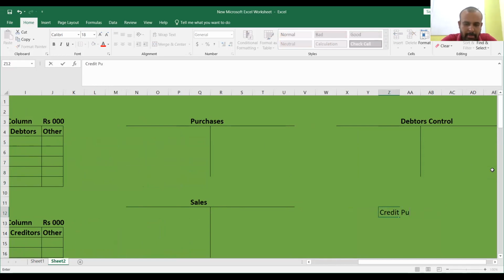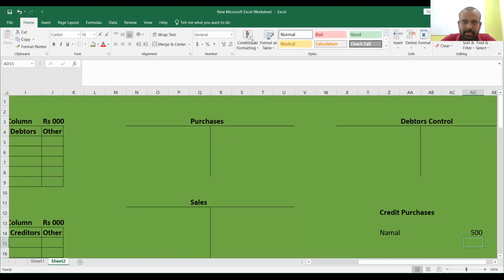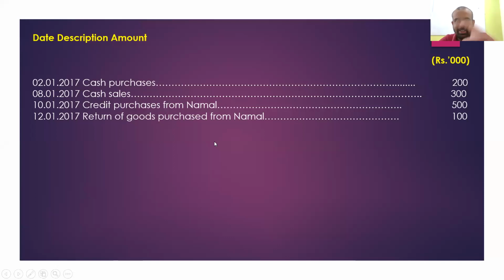Credit purchases, Nayagam, the amount is 500. That is just to identify the total credit purchases, because credit purchases only you update in the creditors control account.